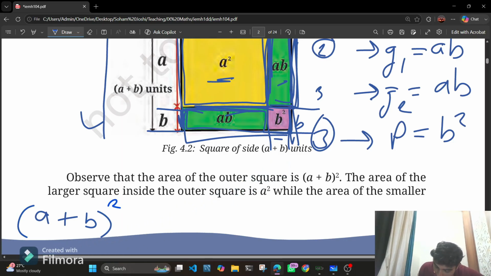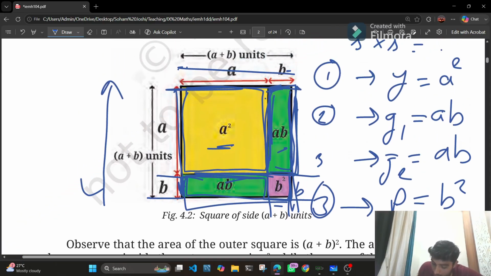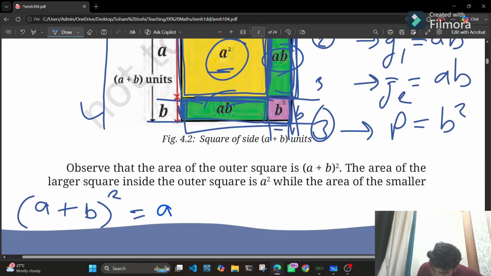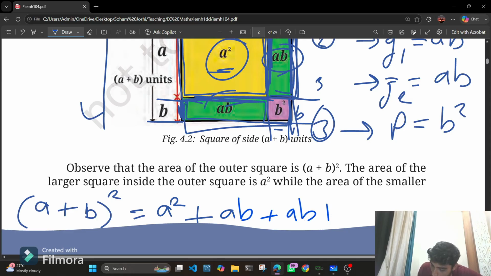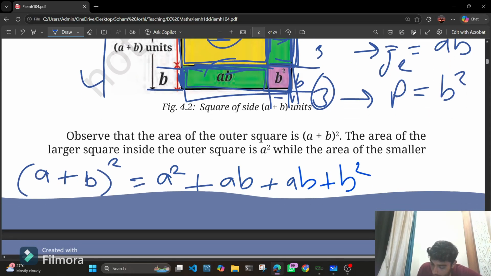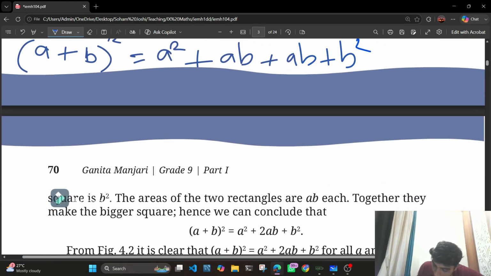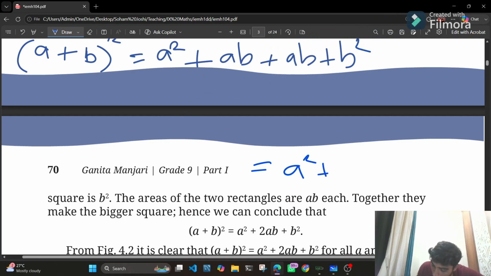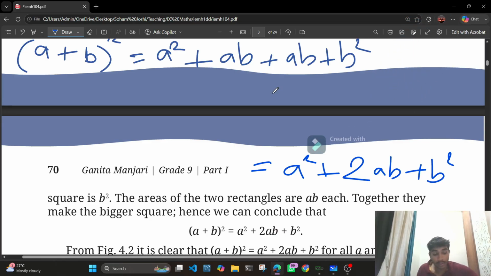So for us the side is A plus B, and to get the whole area we just need to add all the individual areas. We have A square for the yellow part, then for green part one we have AB, then again we have AB, then we have B square for the pink part. So that gives us A square plus 2AB plus B square. This is how you can visualize it using squares.